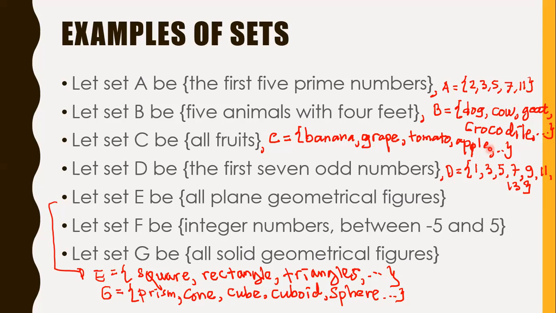Minus 5 and 5. That is how you read it. Okay, go on. Go on itu berarti lanjut. Let's set G be all solid geometrical figures. Bagus. Pronunciation Anda bagus. Oke.